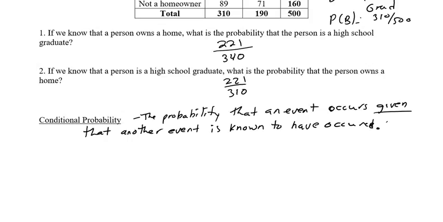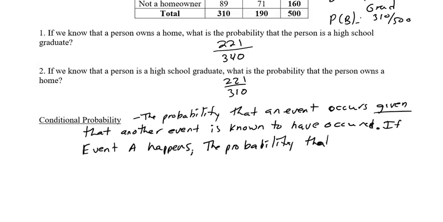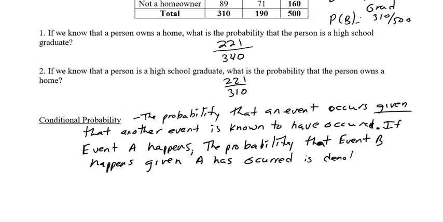If event A happens, the probability that event B happens, the probability that event B happens given A has occurred, is denoted probability of B given A. We read it "given A."